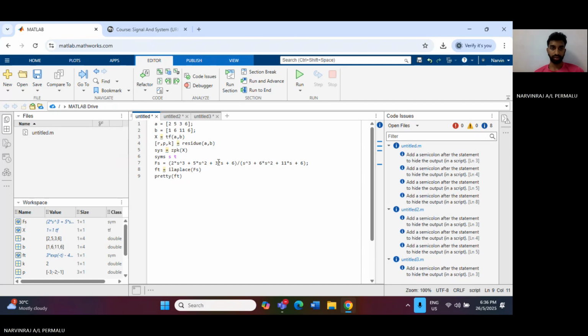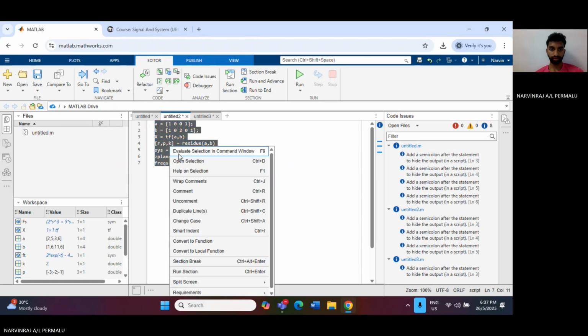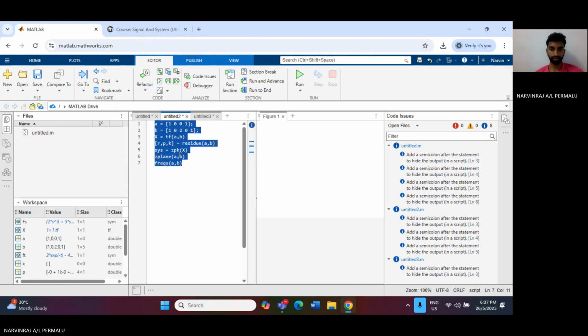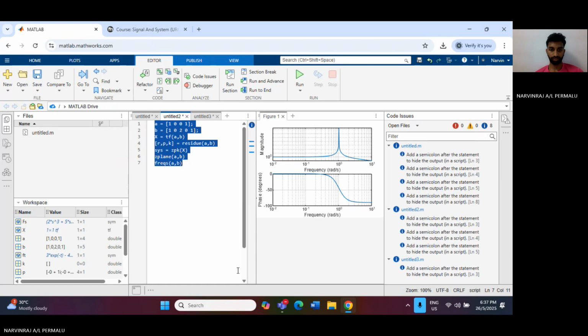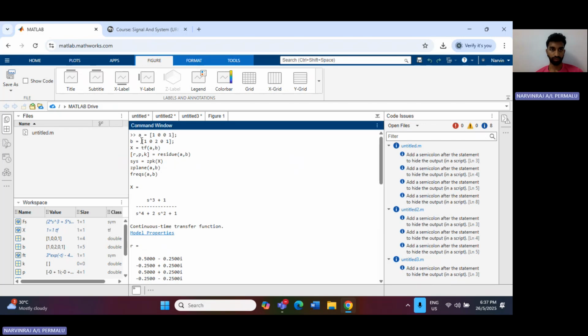Next, I want to explain the 4.2a coding. As usual, I want to show the command window first. Here's the command window, and here are the commands for 4.2a.